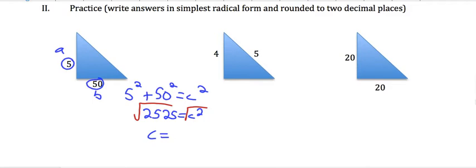One way is with a decimal, but the other way is by trying to just simplify the square root of 2,525. Now, I know, because I practiced this a lot, that 225 is a perfect square. Okay?